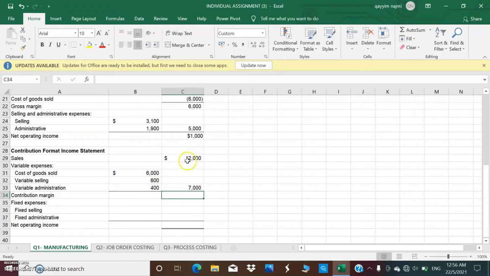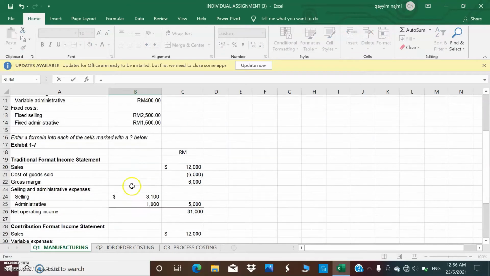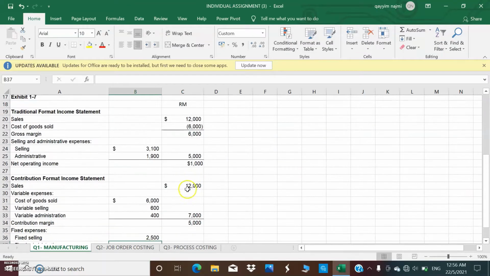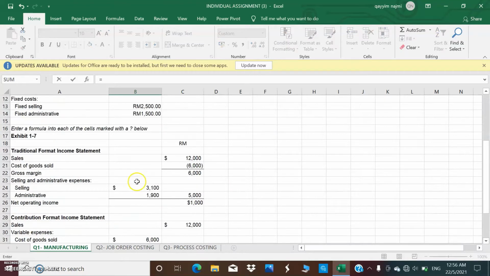Okay, we can get the contribution margin. The sales deducted by the total variable expenses of 7,000 gives the contribution margin. The fixed expense for selling is 2,500, and the fixed for admin is 1,500.